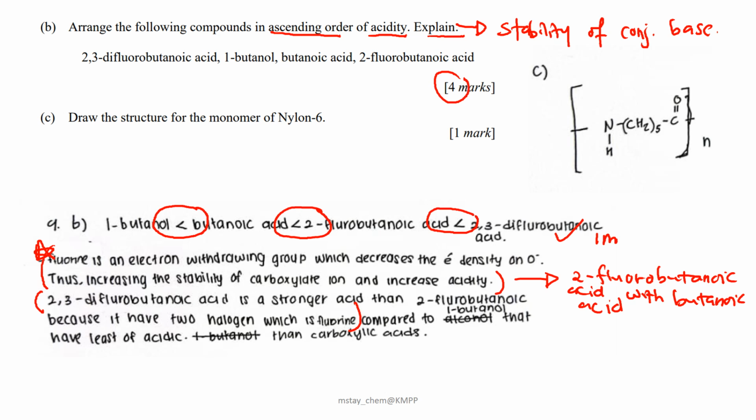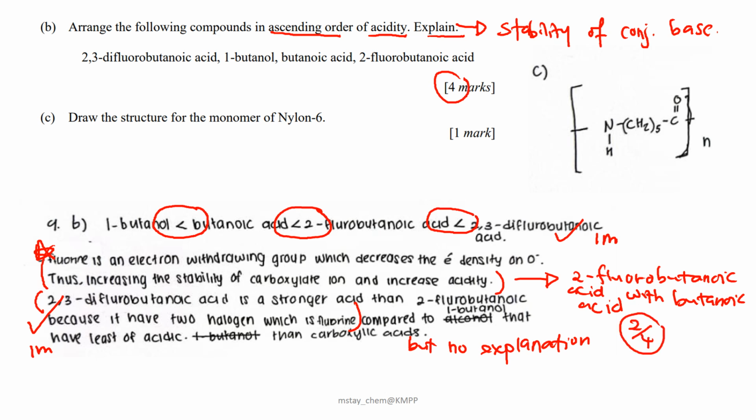You already compare 2,3-difluoro with 2-fluorobutanoic acid, so for this one you will get 1 mark. And then, compared to 1-butanol, that has less acidity than carboxylic acid. This statement is correct, but there is no explanation, so that means you won't get the mark. So for this question, the student gets 2/4.